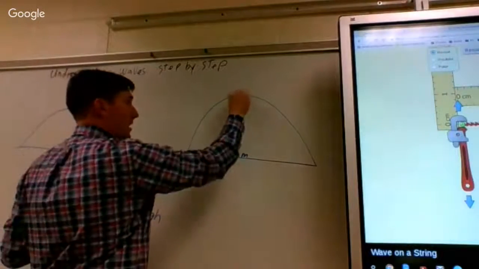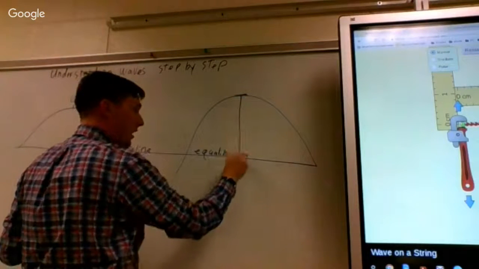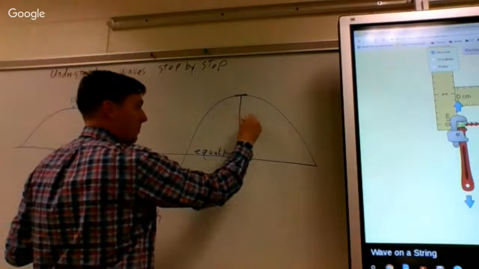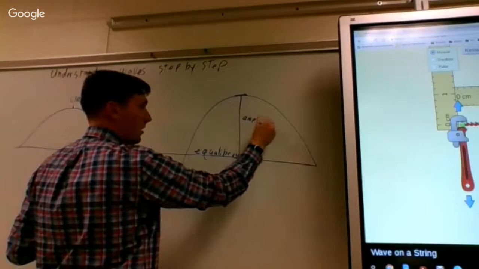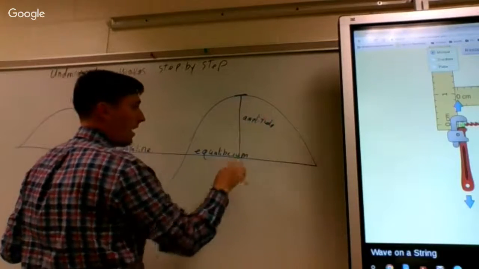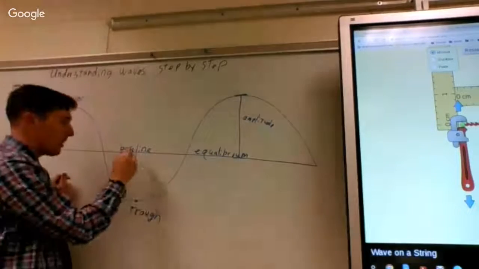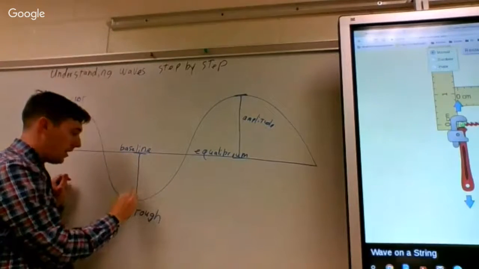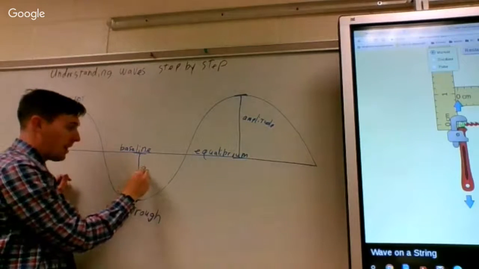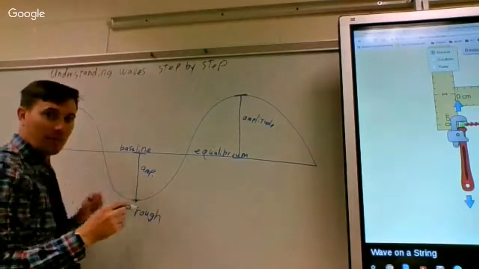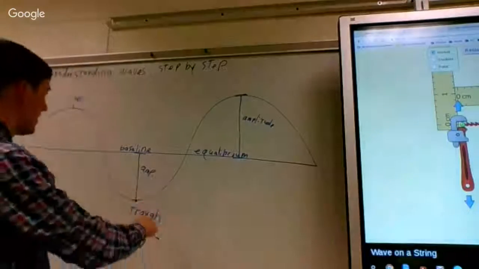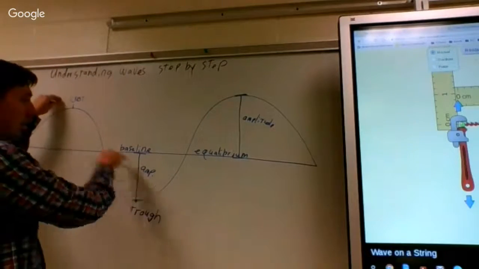So from here to there is the amplitude. All right, amplitude. Same thing over here, so I'll just draw it again. Right there to there is also the amplitude.